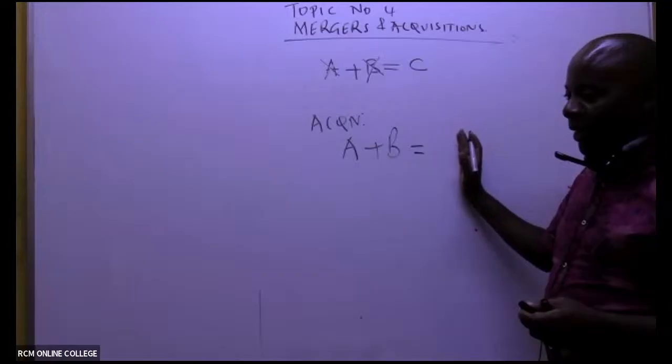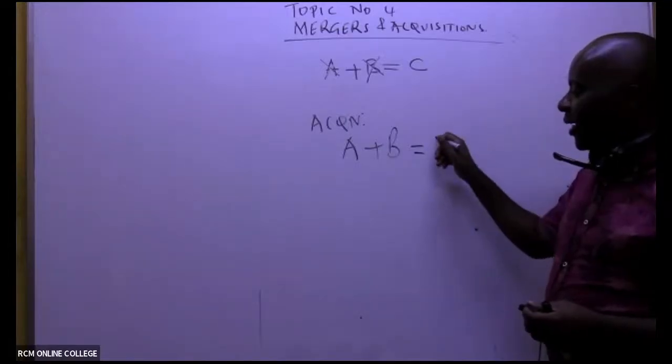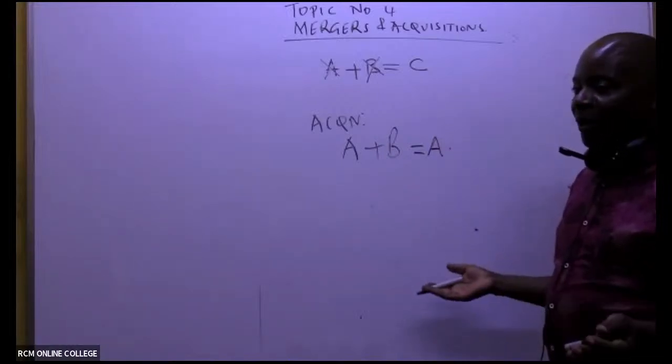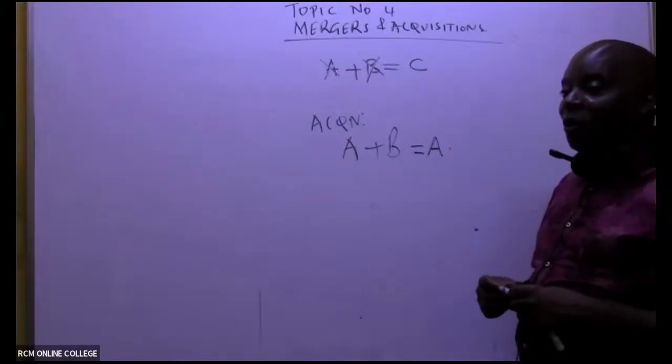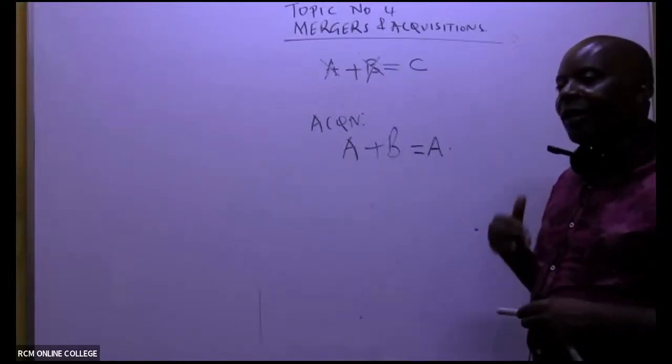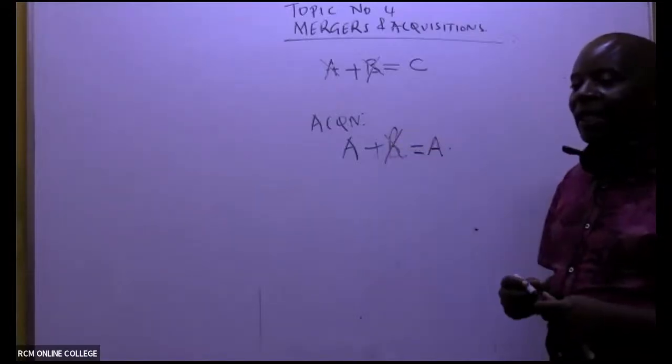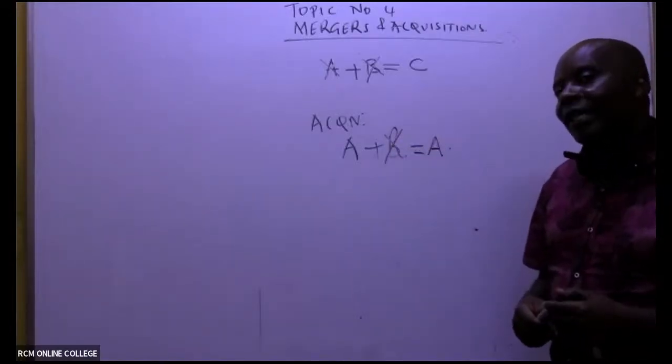Is it AB? It is only A, because now B will no longer be there. B has been swallowed. B has been taken over. B has been acquired. So it is only B, which is the targeted company, that will lose its identity.